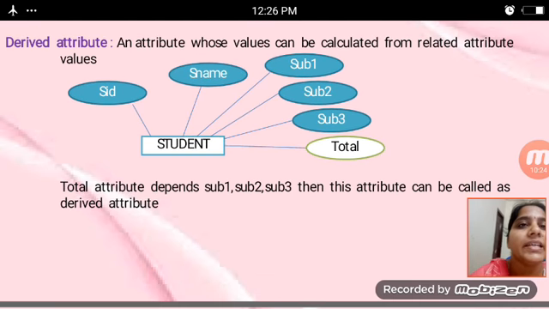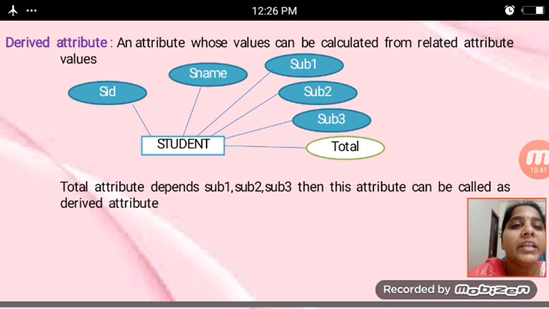And then a derived attribute. A derived attribute is an attribute whose value can be calculated from related attribute values. For example, I am taking here a student having a SID, SNAME, subject 1, subject 2, subject 3 and total marks.